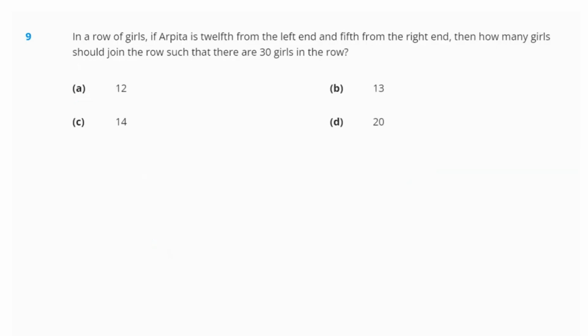In a row of girls, if Arpita is 12th from the left end and 15th from the right end, then how many girls should join the row such that there are 30 girls in the row? Let's make the row first. Let's make Arpita sit. So Arpita is 12th from the left end, so here are 11 girls.